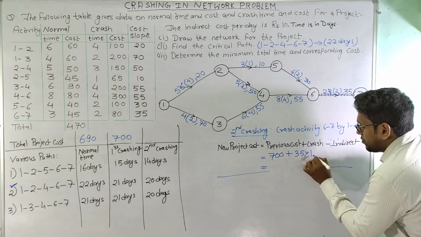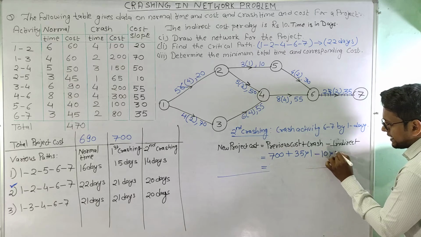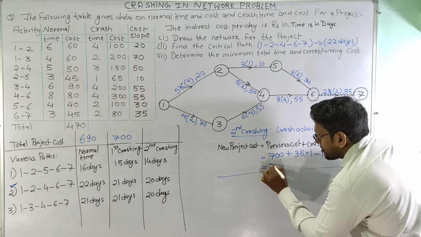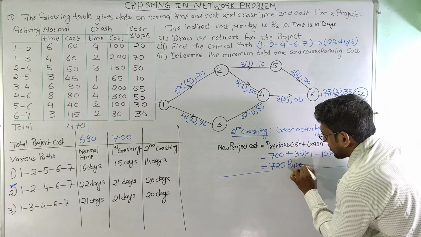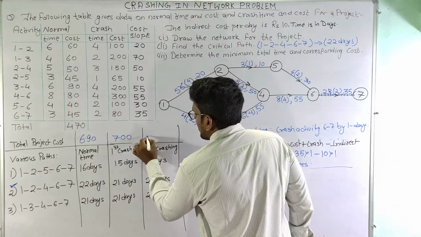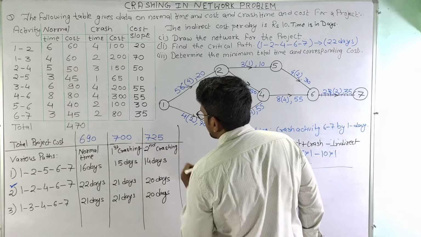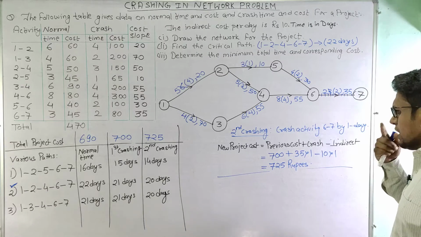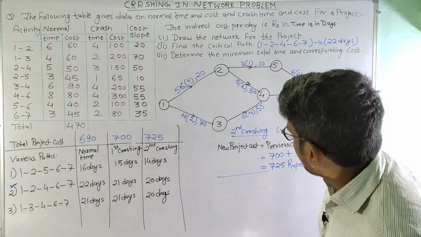So this is 35 into 1, minus the indirect cost, which is 10 into 1, and this will become 725 rupees. So after the second crashing, the cost of the project is 725 rupees.